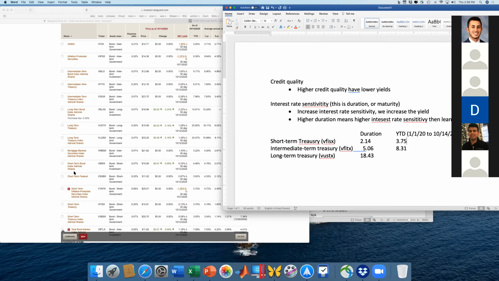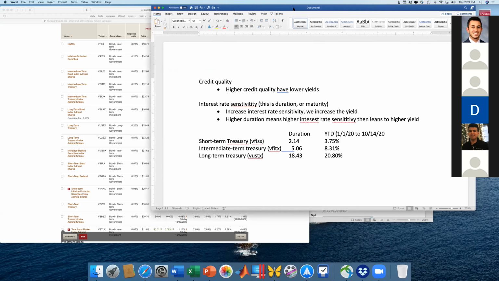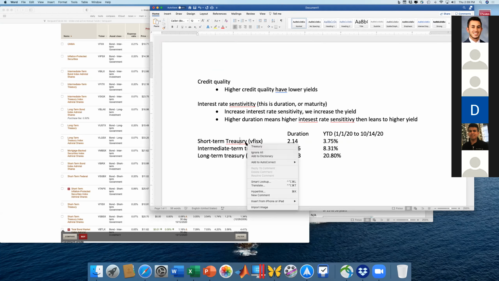And the long term had 20.80. So these are the returns for these three funds, all right? This is the duration, and this is the year-to-date return for this year.